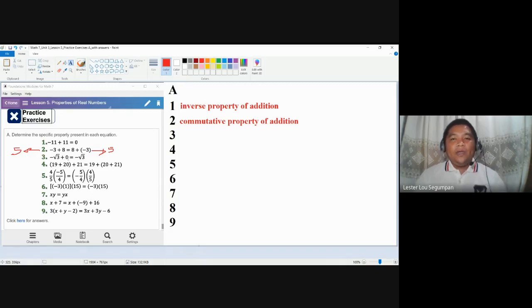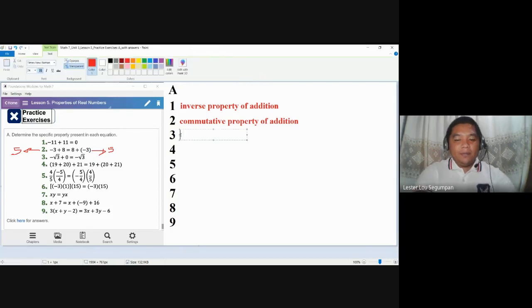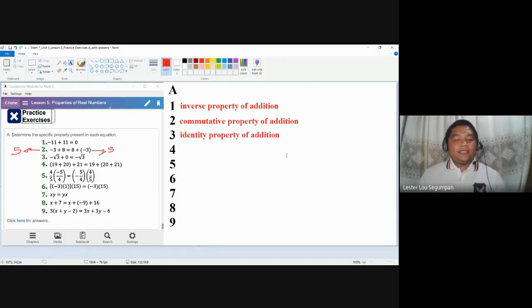In short, we retained the identity of negative square root of 3. So the property for number 3 is simply the identity property, and since we are still on addition, we have the identity property of addition. It is simply the presence of 0, because any number added to 0 is the number itself.